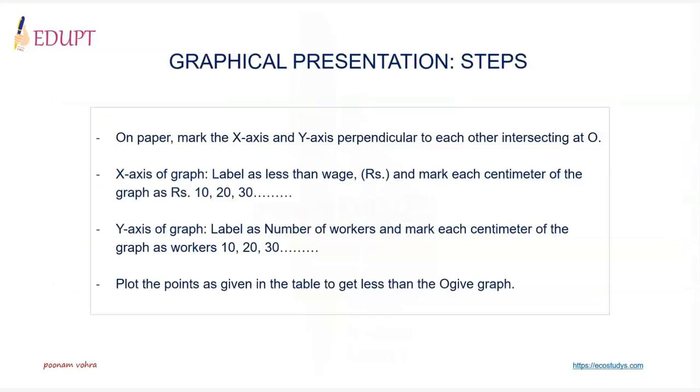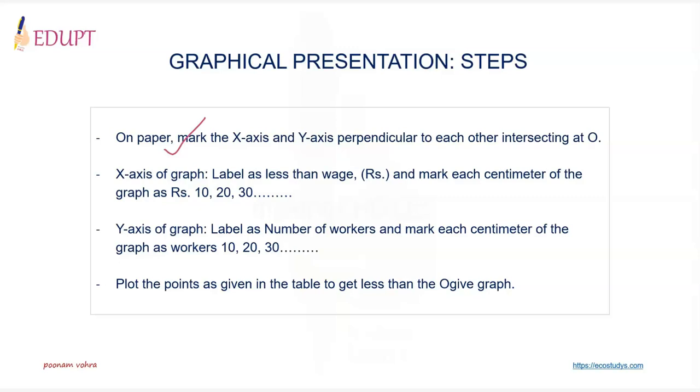Let us understand the steps required for the graphical presentation of less than OGIVE. For that, you are not required to use the graph paper. Use simple paper. And first thing is mark the x-axis and y-axis perpendicular to each other, intersecting at their origin.